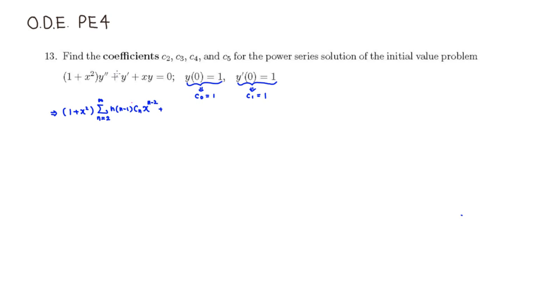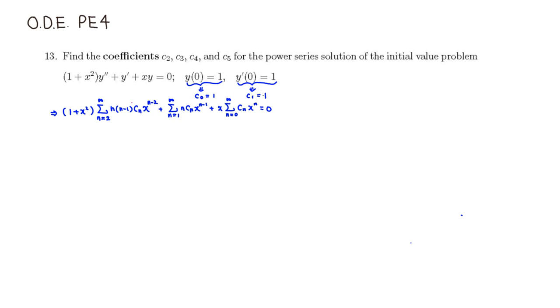Then here, y prime would be summation, n goes from 1 to infinity, n times Cn x to the n minus 1. All right, then you have x times summation, n goes from 0 to infinity, Cn x to the n equals 0.